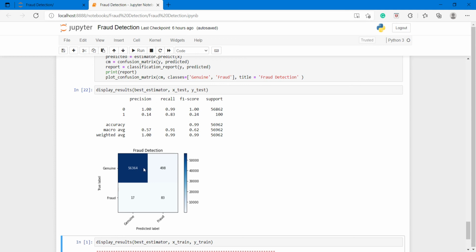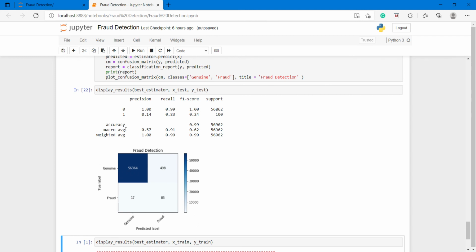True is something we observe from the data. So if the observation is positive and the predicted value is positive, we say it's a true positive. And a false positive is when the observation is negative and the prediction is positive. So this is how the parameters lie.